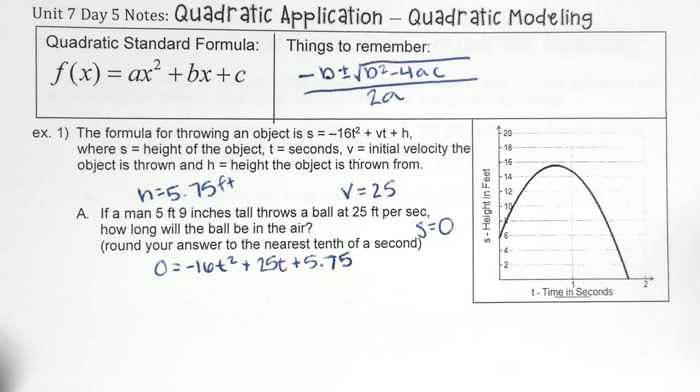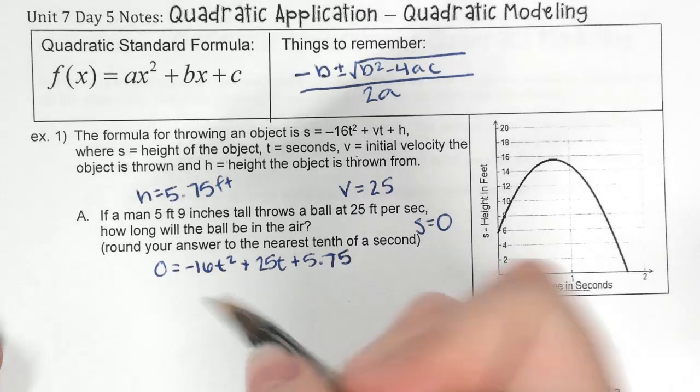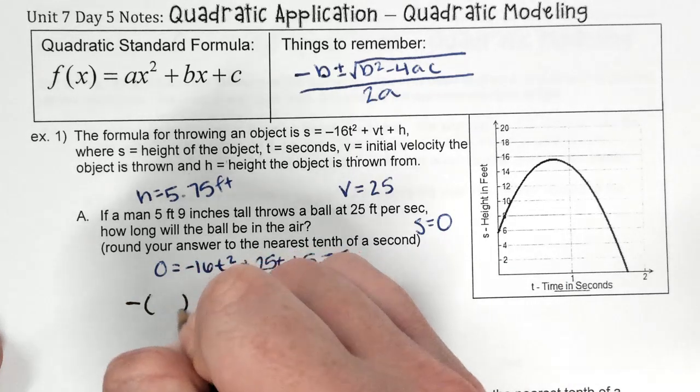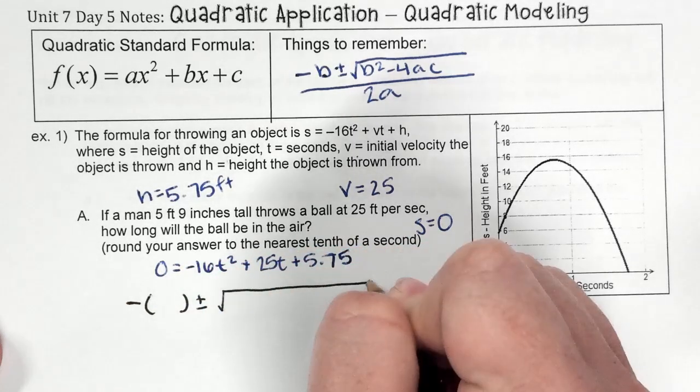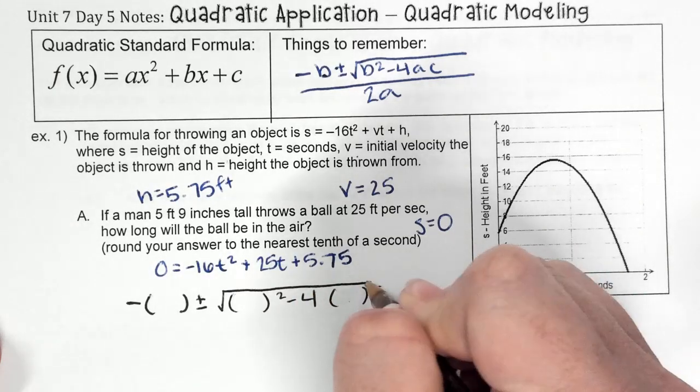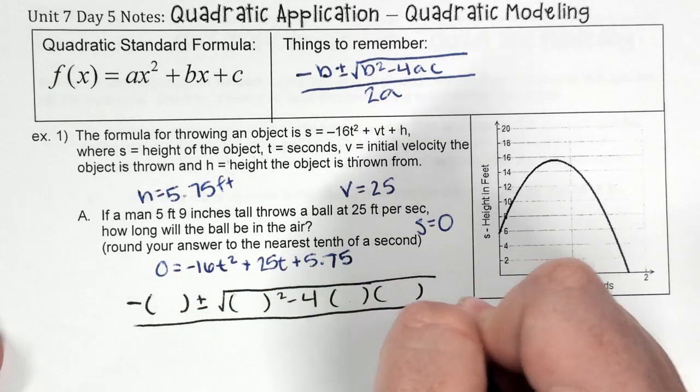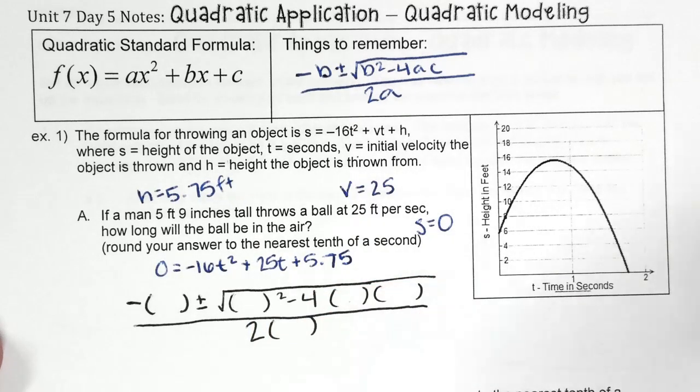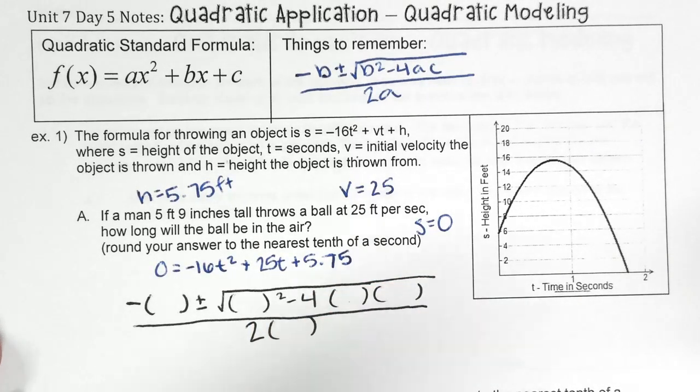Now, knowing all of that, the best method to use here is just our quadratic formula. Does it already equal 0? Yeah. So I'm just building my skeleton.